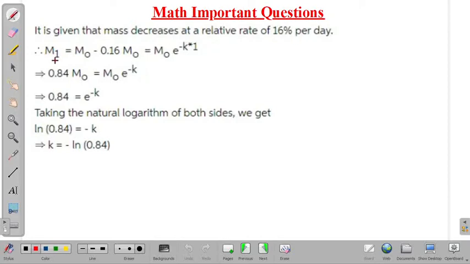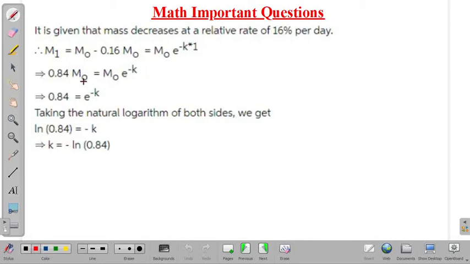So it will be m1, equal to m0 minus 0.16 m0. Using the exponential function we can write this as m0 times e to the power minus k t, where t is one day, so t is 1. From this we can write 0.84 times m0 equal to m0 times e to the power minus k.